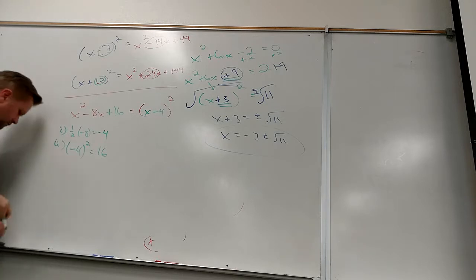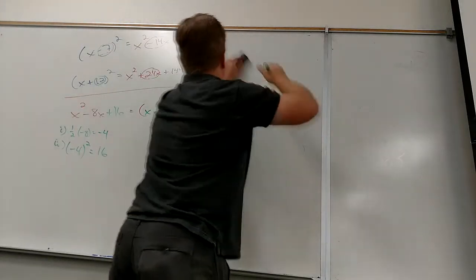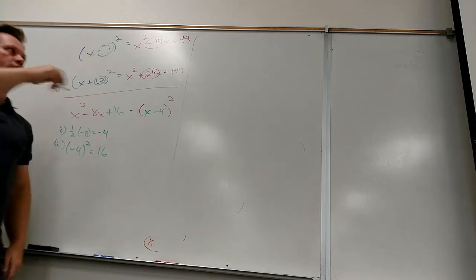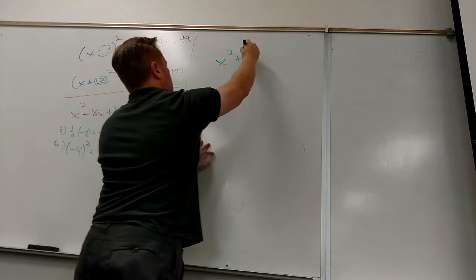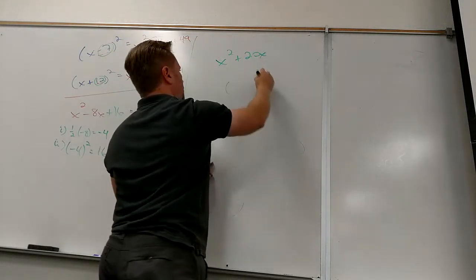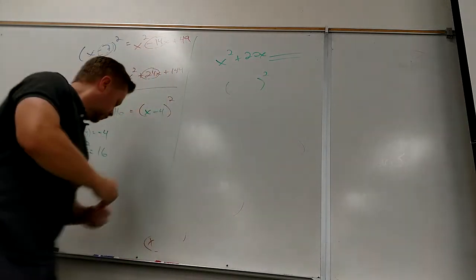Let's do another one. Do another one. All right. X squared plus 20x. What am I going to write here so that it factors like this? So what are the two steps?